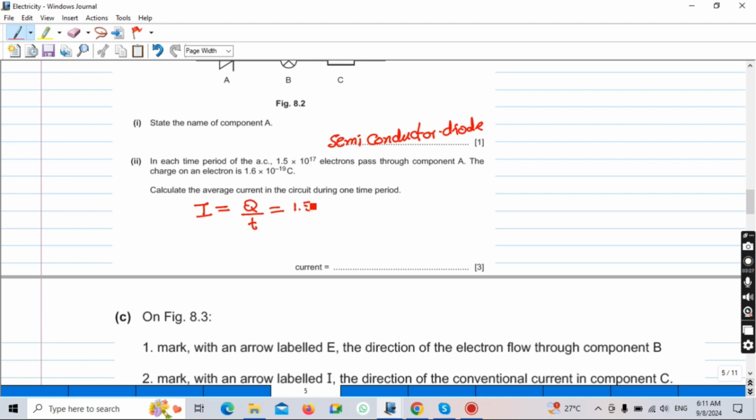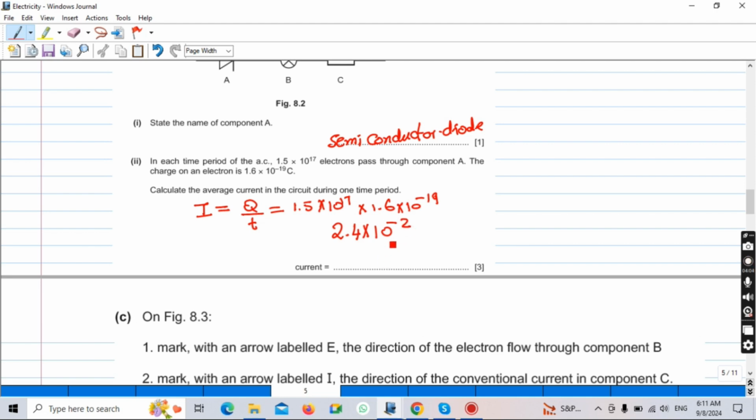So it's 1.5 times 10 to the power of 17, this is the number of electrons, times 1.6 times 10 to the power of negative 19. And you do the multiplication here. So what you get is 2.4 times 10 to the power of negative 2.